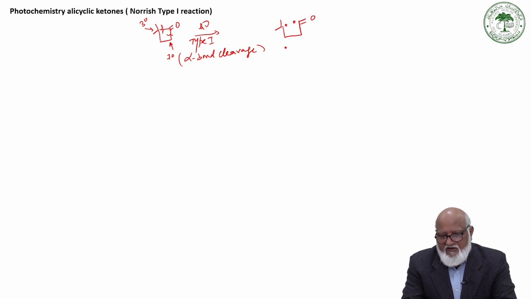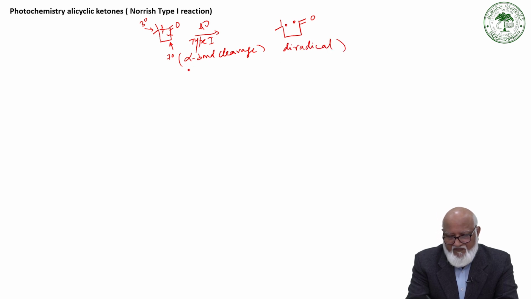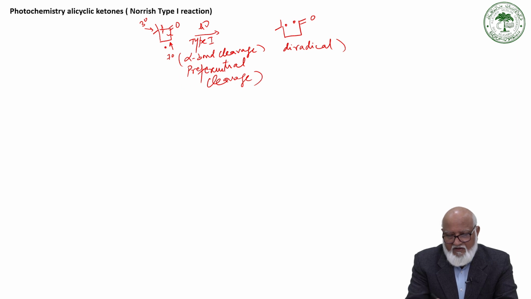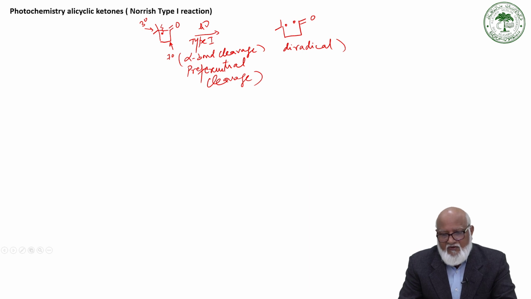There is a diradical species, and it is going to give preferential cleavage, only this bond will cleave and not the other one. Then this will undergo different types of reaction.